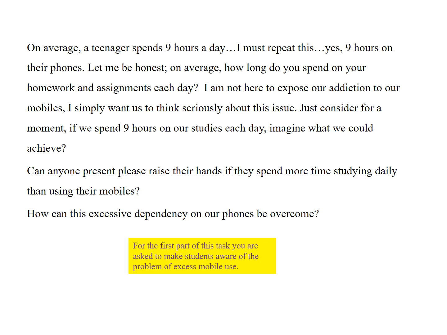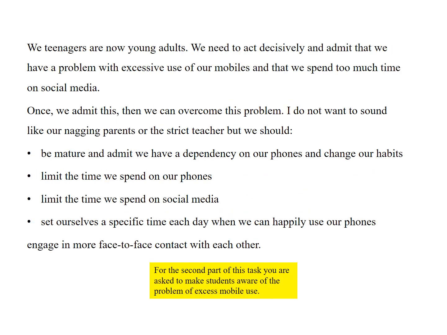How can this excessive dependency on our phones be overcome? We teenagers now are young adults. We need to act decisively and admit that we have a problem with excessive use of our mobile phones and that we spend too much time on social media.